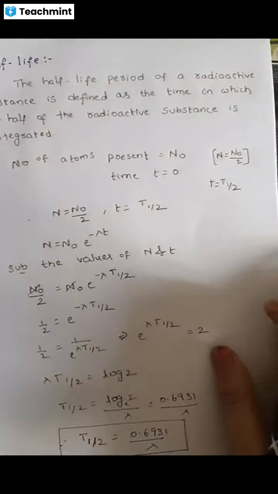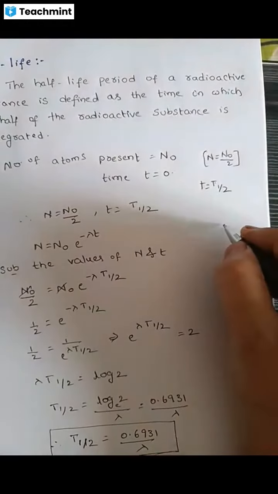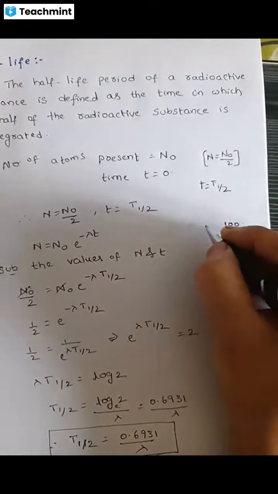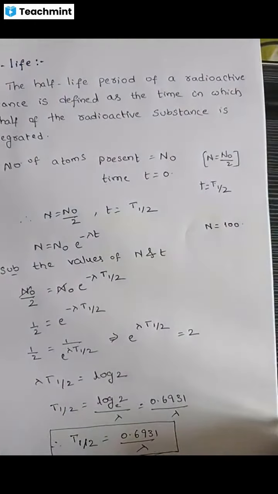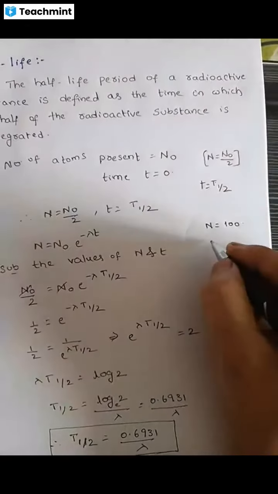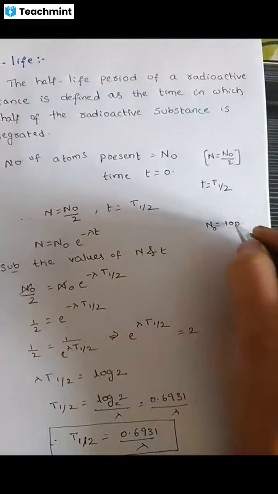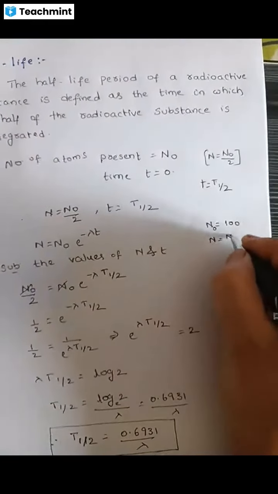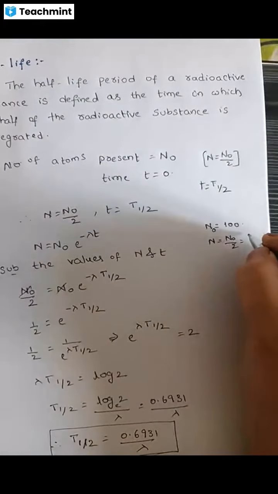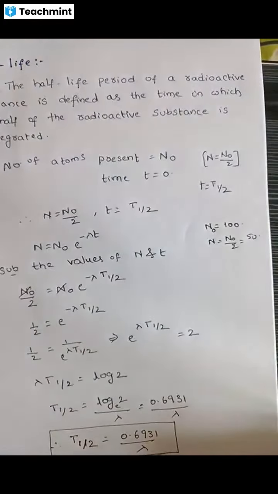Now I will tell you one example. For example, we have 100 atoms, N is equal to 100. The initial number of atoms N naught is equal to 100. After some time t, N is equal to N naught by 2, that is 50.